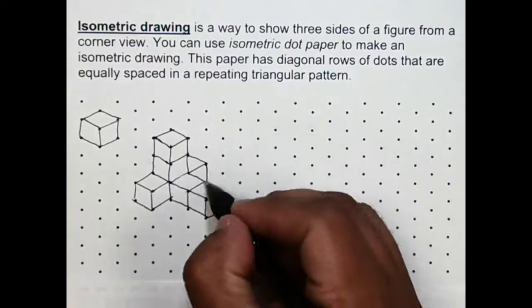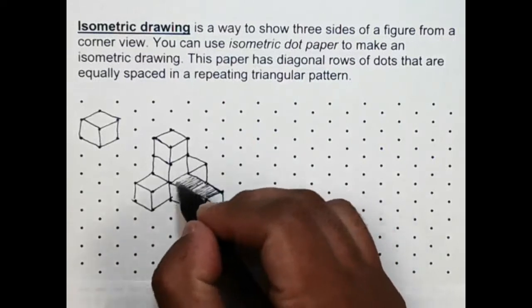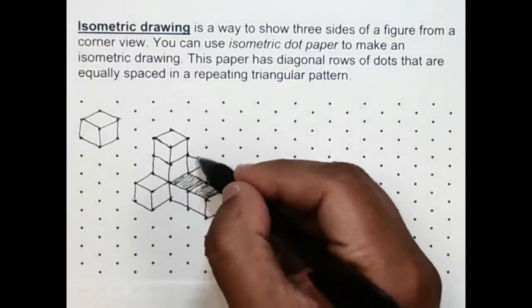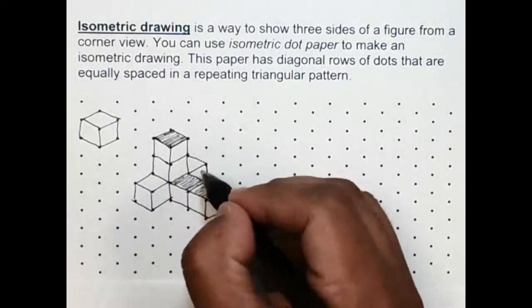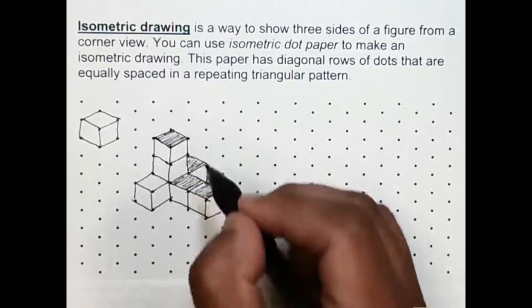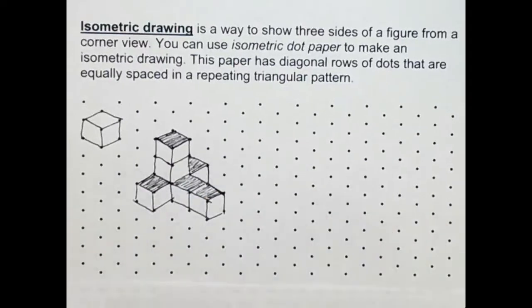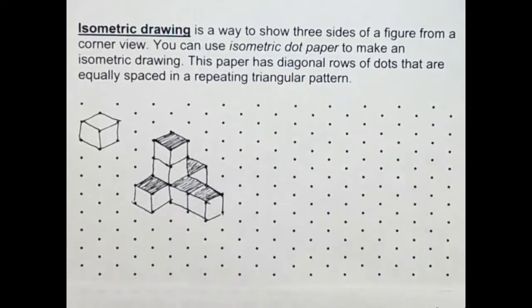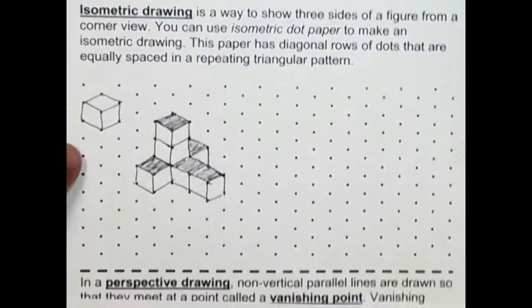And so you would have what would look like some cubes. These cubes right here would be behind this stack here. I left you some space here so if you want to practice this and draw different shapes, you can do that. But I just wanted to show you what isometric drawing looks like.